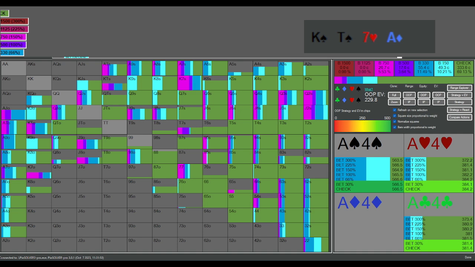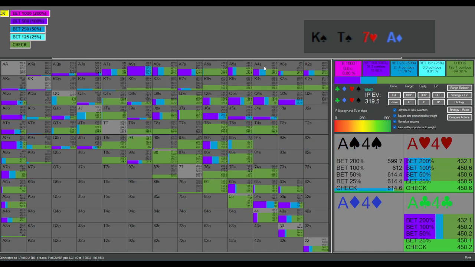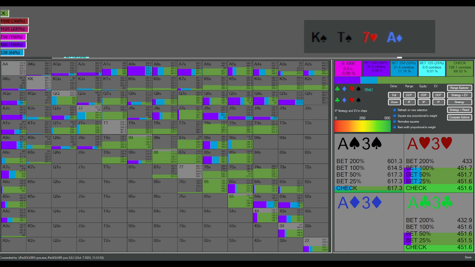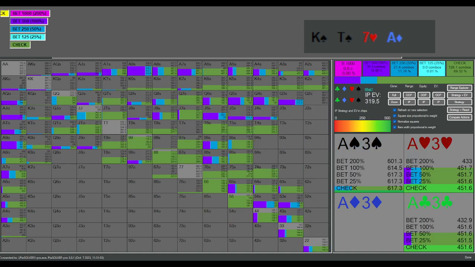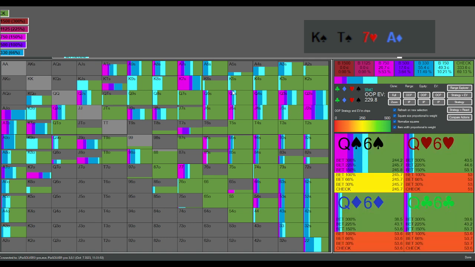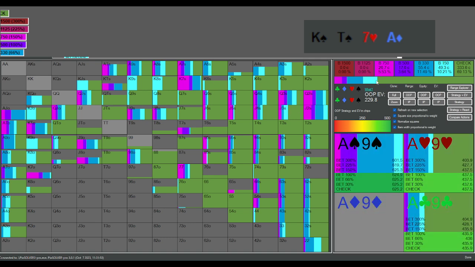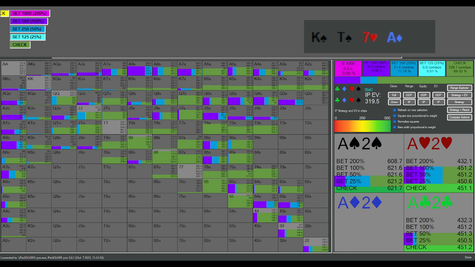But if in position is going to turn a lot of top pair here, then you're going to want to be doing a lot of checking, especially if you suspect your opponent's going to bet an ace here a lot, which I suspect they will. So if your opponent's going to be doing a lot of the betting for you, then you really don't have much incentive to bet.